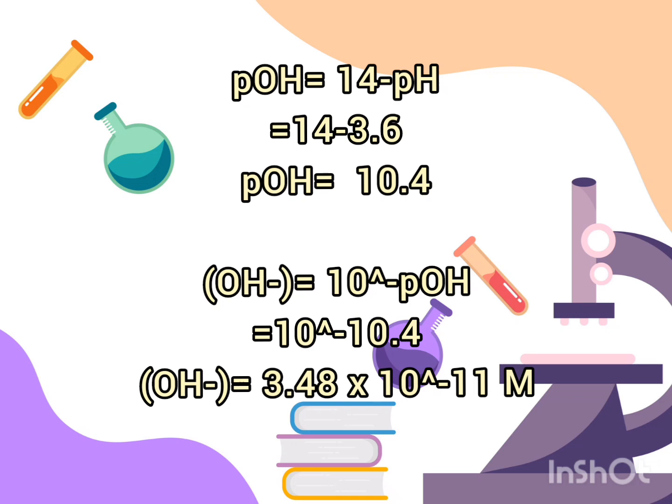Now, let's proceed in getting our hydroxide concentration. The hydroxide concentration is equal to 10 to the power of negative pOH. Again, let's substitute our pOH, 10.4. 10 to the power of negative 10.4 is equal to 3.48 times 10 to the power of negative 11 M.